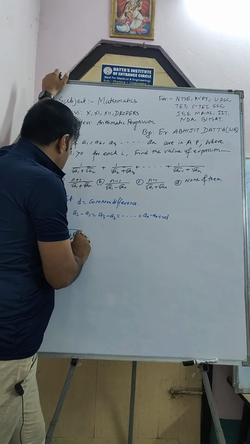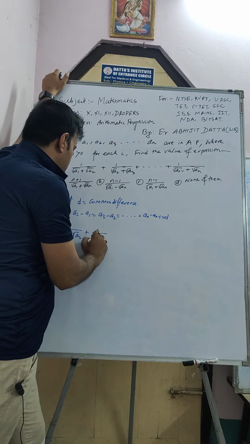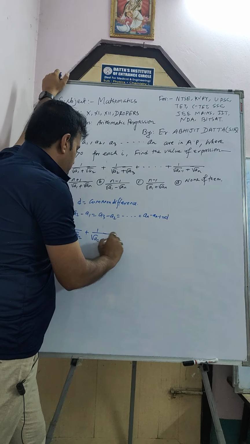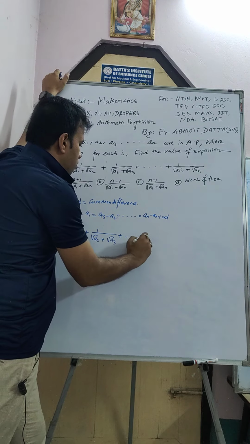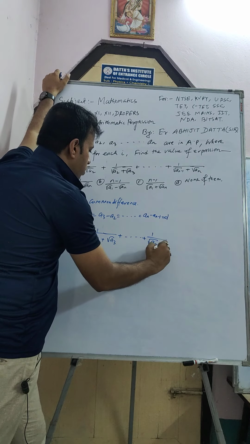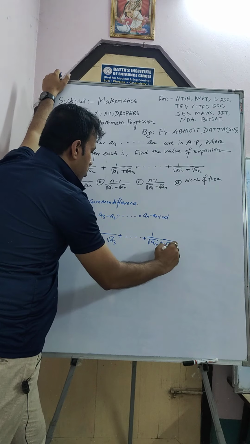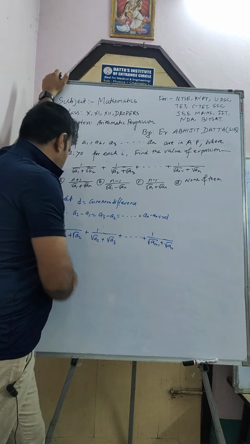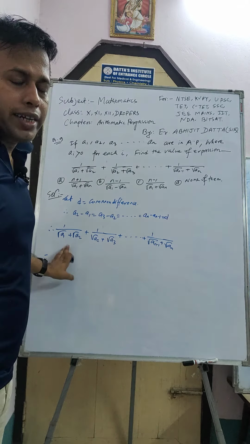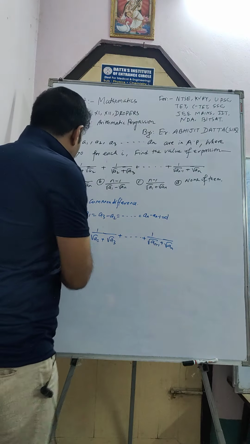1 by root over a1 plus root over a2, plus 1 by root over a2 plus root over a3, plus ... plus 1 by root over a(n-1) plus root over an. Now here, rationalize. Okay, I rationalize this one.